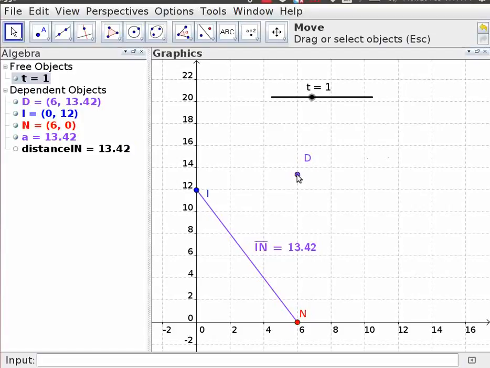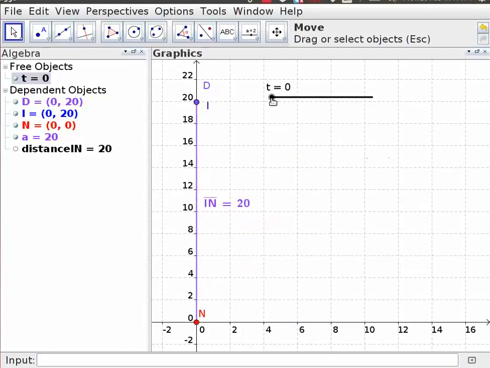Up here, I've also included a y value that represents that distance, and it's tracing where they are. When t is equal to 0, that y value is equal to 20. When t is all the way over here at 2.5, that y value is 15. So they're 15 kilometers apart.